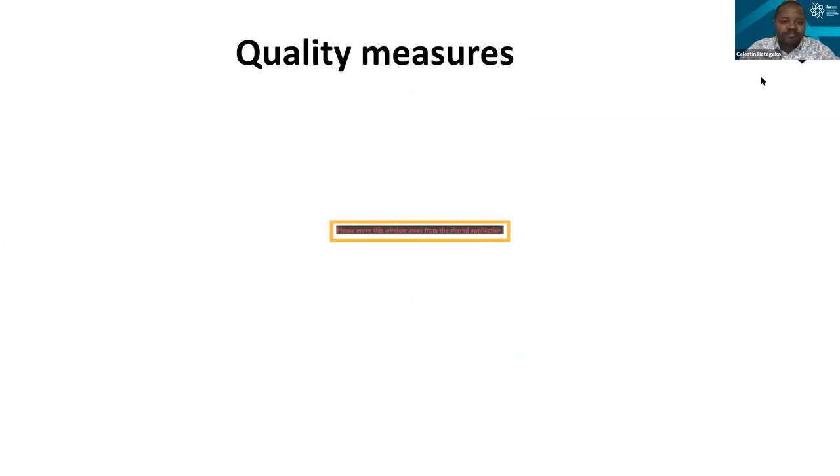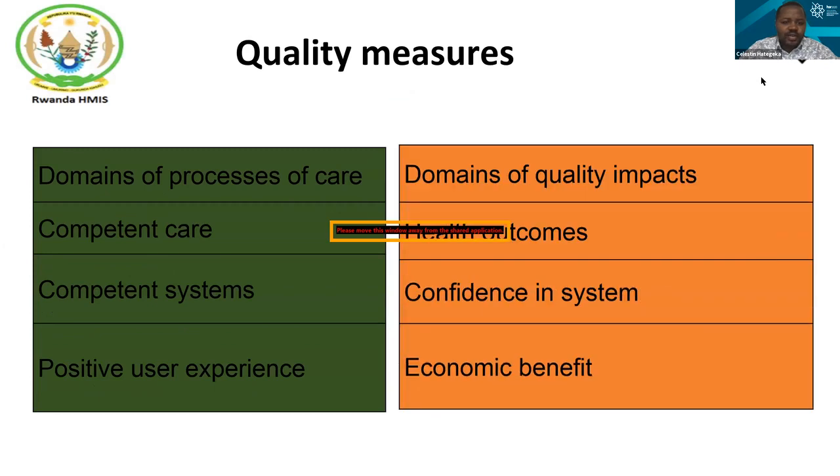Next slide, please. So we specifically looked at the routine health information system in Rwanda called the Rwanda health management information system. We used the framework of high quality health systems proposed by the Lancet Commission on high quality health systems.